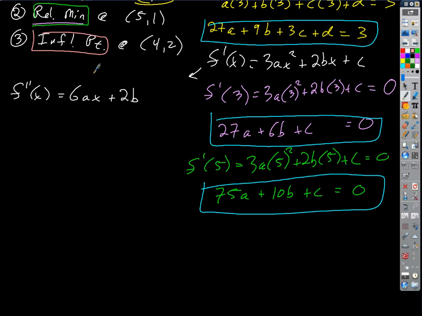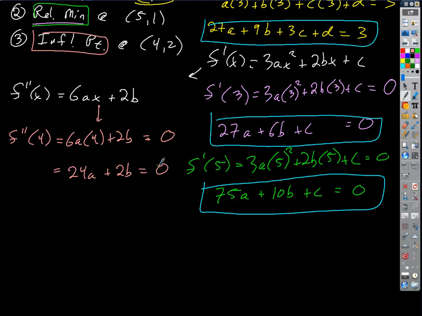If I have an inflection point at 4, 2, that's like saying f double prime of 4 is equal to what? What must happen at an inflection point? 0, okay. And so if I evaluate this expression at 4, I just get 6 times a times 4 plus 2b. And so I get the equation 24a plus 2b equals 0, right?